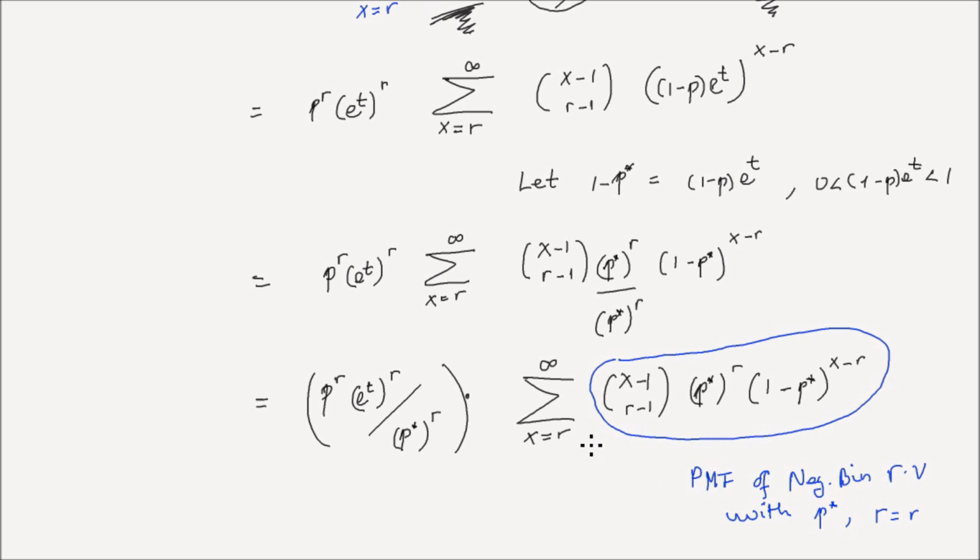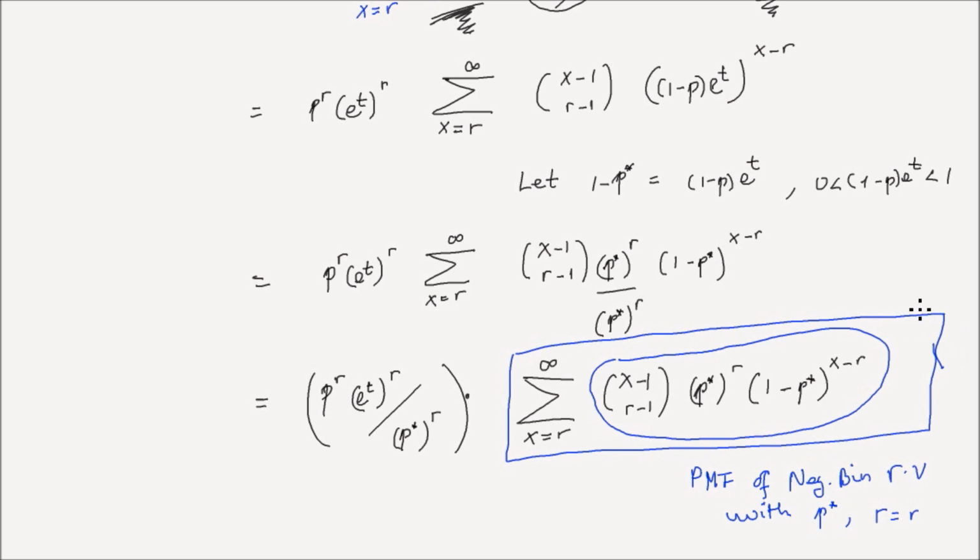And as we have seen in the previous lesson, the PMF of a negative binomial distribution sums to 1, meaning that the whole expression is equal to 1, because it's the sum of the PMF of a negative binomial random variable.